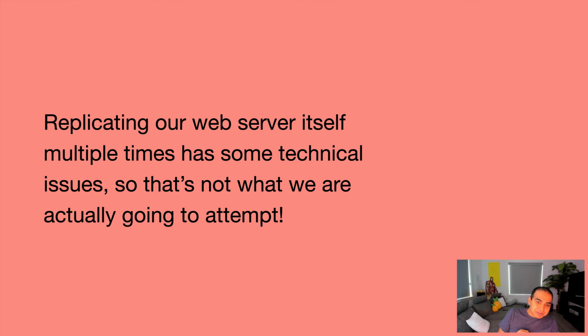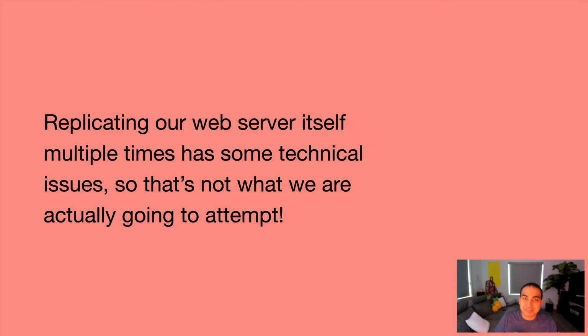Now, replicating a web server itself multiple times sounds kind of cool, but there are some technical issues. You don't want to have one server that now has to be duplicated everywhere, and then you're figuring out which one to serve files to and all of that. It's theoretically possible, and some ideas that we're going to talk about smell and look similar to it, but it's not actually what we're going to do.